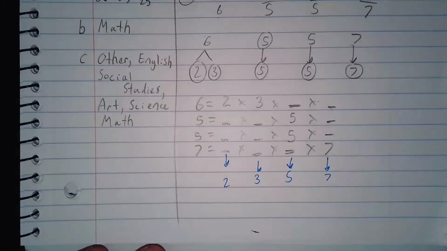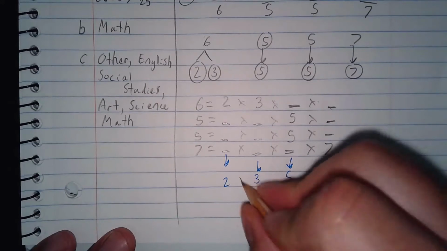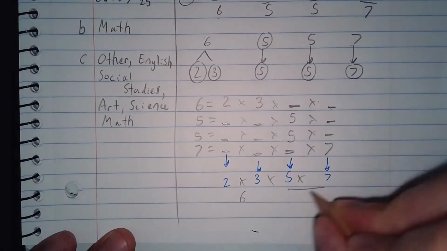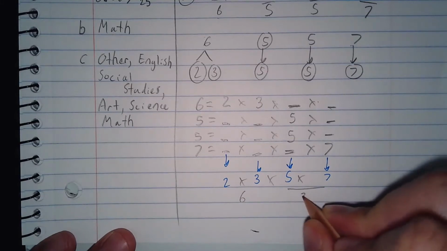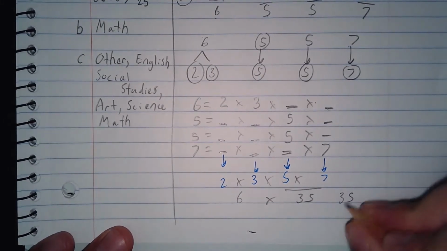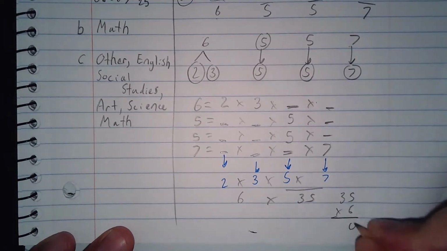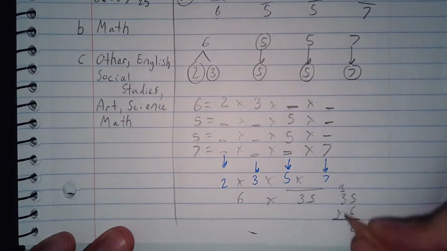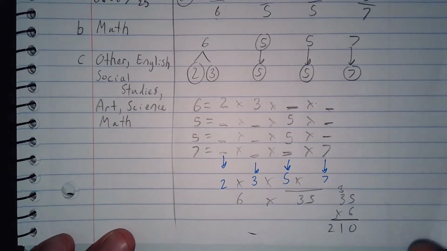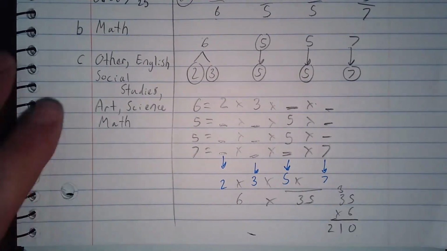Oh, I apologize, can't see that. Alright, we're going to have to multiply all these together. And 35. Alright, and then 35 times 6. 6 times 3 is 18, plus 3 is 21, 210. Alright. Oof.